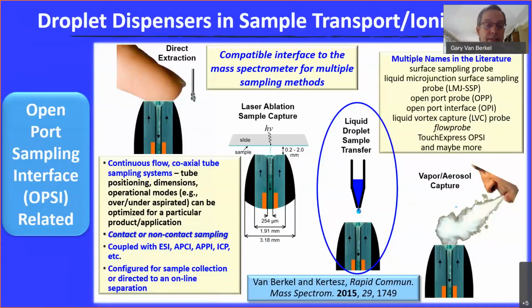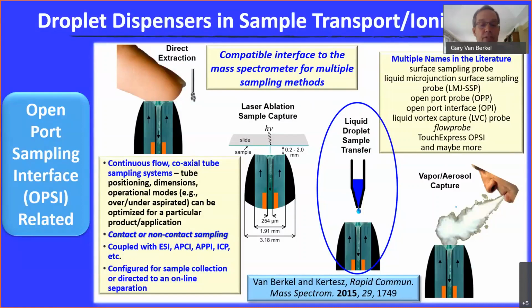They can be used in contact sampling or non-contact sampling, and coupled with any kind of atmospheric pressure ionization source used today with mass spectrometry, whether it's electrospray, atmospheric pressure chemical ionization, atmospheric pressure photoionization, inductively coupled plasma, and so on.